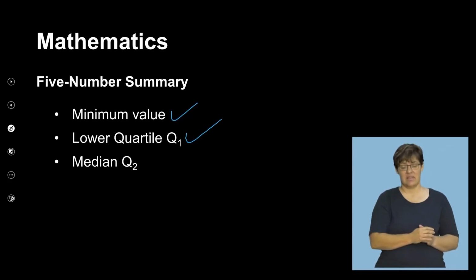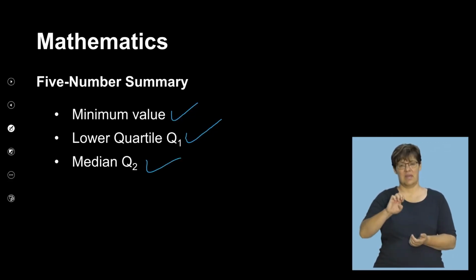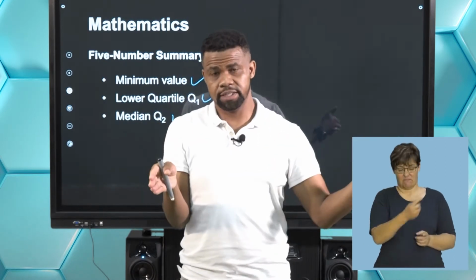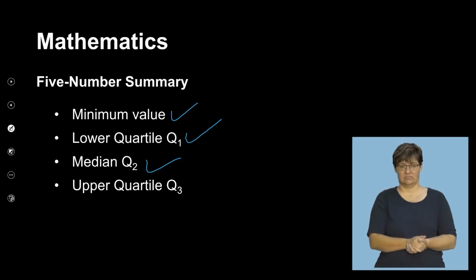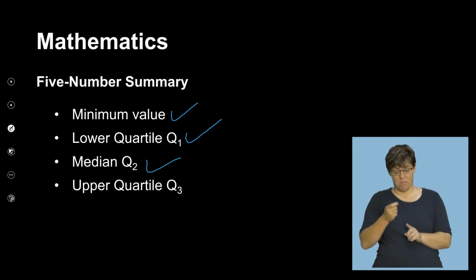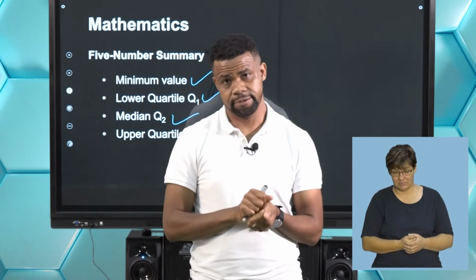lower quartile, then the median, which is the middle number of a given set of data, which is actually the first 50% of the data. Then followed by the upper quartile. From the minimum value to the upper quartile, or Q3, it's 75% of the given data set.